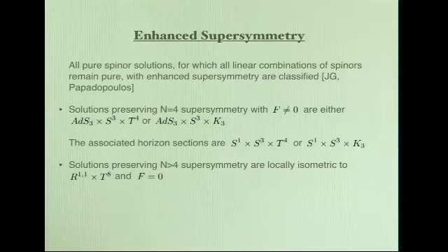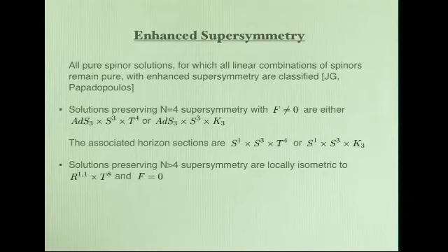In the first case, one can have solutions preserving N equals 4 supersymmetry and with non-zero 5 form, and these are either AdS3 times S3 times T4 or AdS3 times S3 times K3, with S1 times S3 times T4 or S1 times S3 times K3 as the 8-dimensional manifold curly S. For solutions with more than 4 supersymmetries, these are all flat R1,1 times T8 with vanishing 5 form.